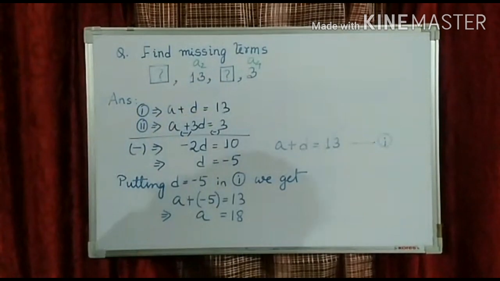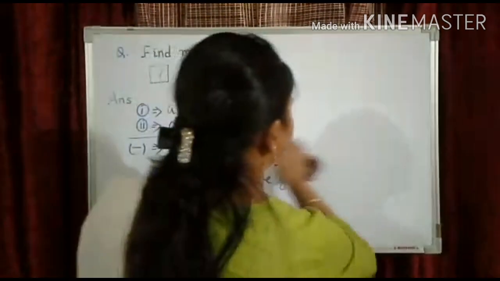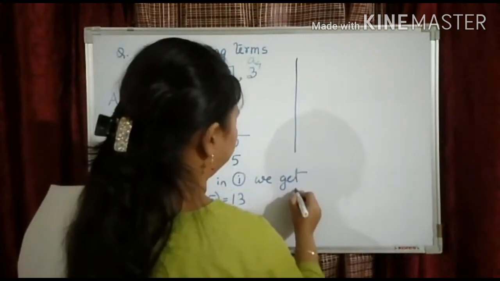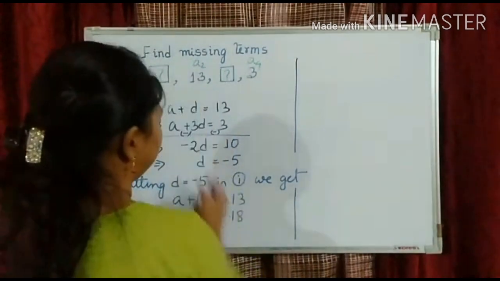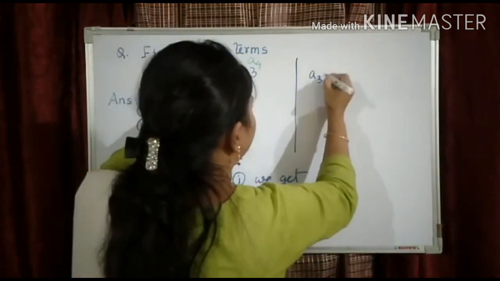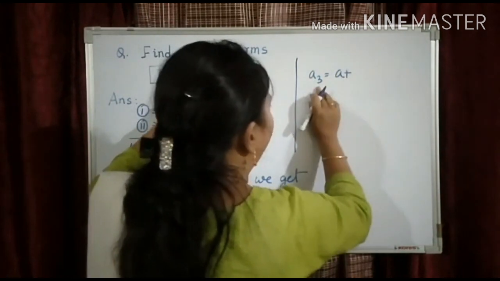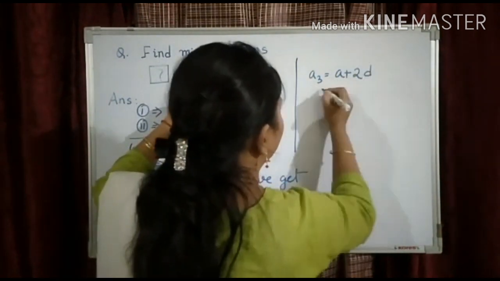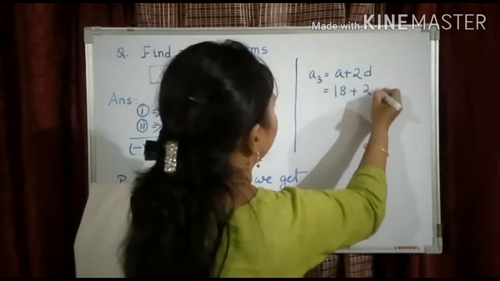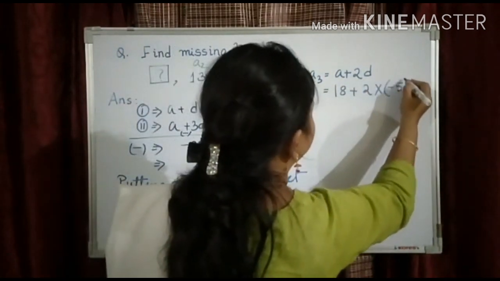Okay. So verbally I have said, but you have to write it down also. The first term A equal to 18, then the third term A3 equal to A plus 1 less of this, meaning twice D. So A means 18, 18 plus 2 into D, which is minus 5.